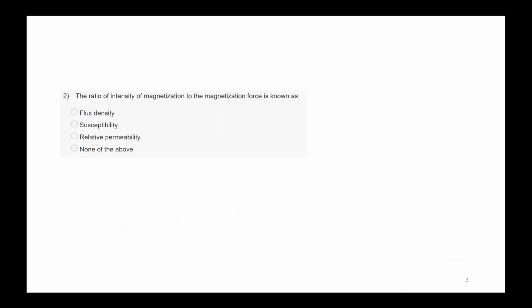Now, question number 2. The ratio of intensity of magnetization to the magnetization force is known as. Your options are flux density, susceptibility, relative permeability, or none of the above. Answer will be susceptibility.